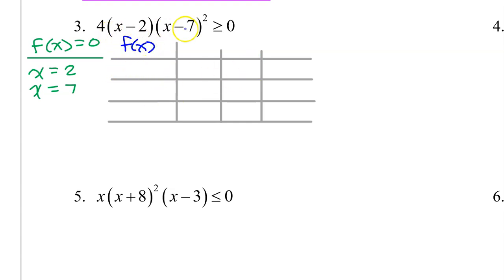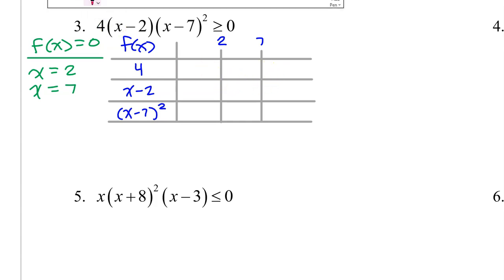We have a row for every factor, so we're going to put 4 here, x minus 2 here, and when you write down your x minus 7, include the exponent. So write down x minus 7 squared. All right, and here we're going to put the zero of 2 and the zero of 7.